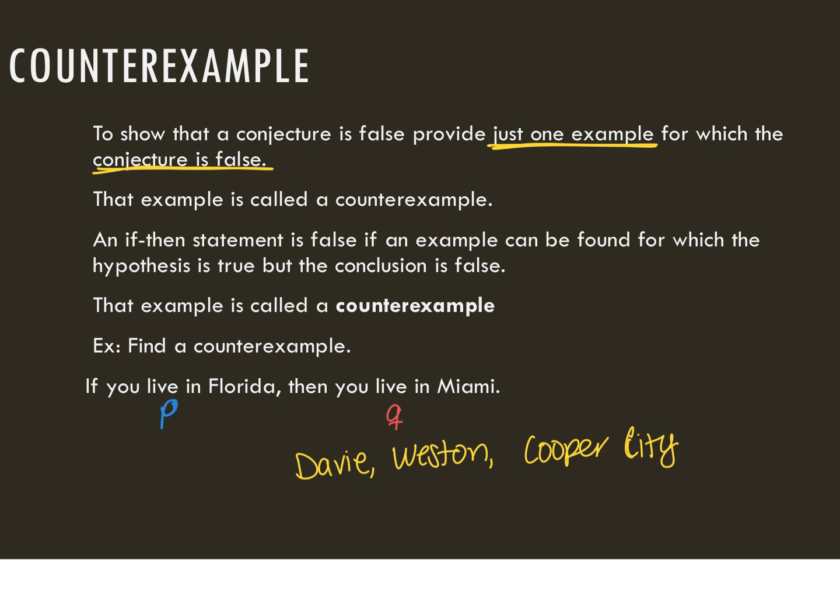So yes, the majority of people associate Florida with Miami, but that is not the only place you can live. You could live in Orlando, Tallahassee. Where else is there? West Palm Beach, Delray, Daytona. There's a lot of other places you can live in Florida, but that doesn't mean you live in Miami. Does everybody understand what a counterexample is? You're just trying to prove the second statement to be false.